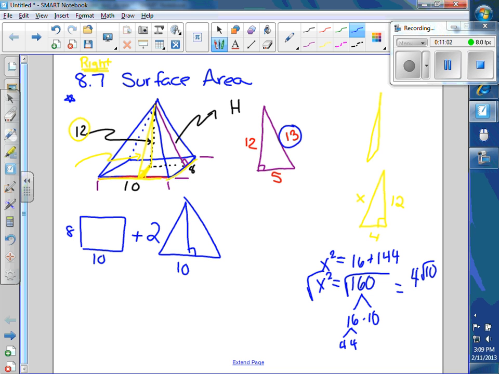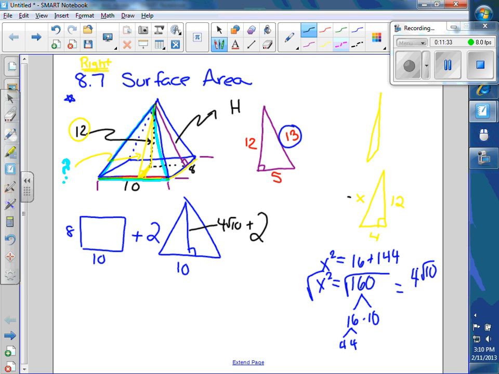So we're looking at this triangle right here, the front face here. So what was this height right here? Question mark. That's not 4 root 10. No. This one. It is this x value right here. Oh, yeah, it's 4 root 10.